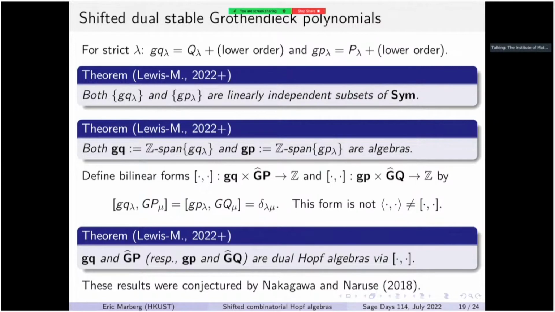It's just sending a Schur function to the sum over Littlewood-Richardson coefficients. These results all follow from a conjecture of Nakagawa and Naruse about Cauchy identities. But these are the more concrete consequences of their conjecture, which we proved.